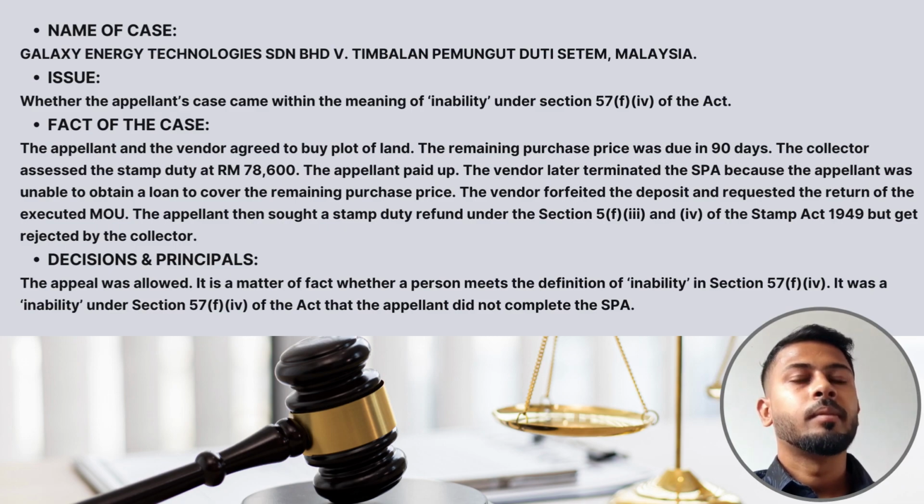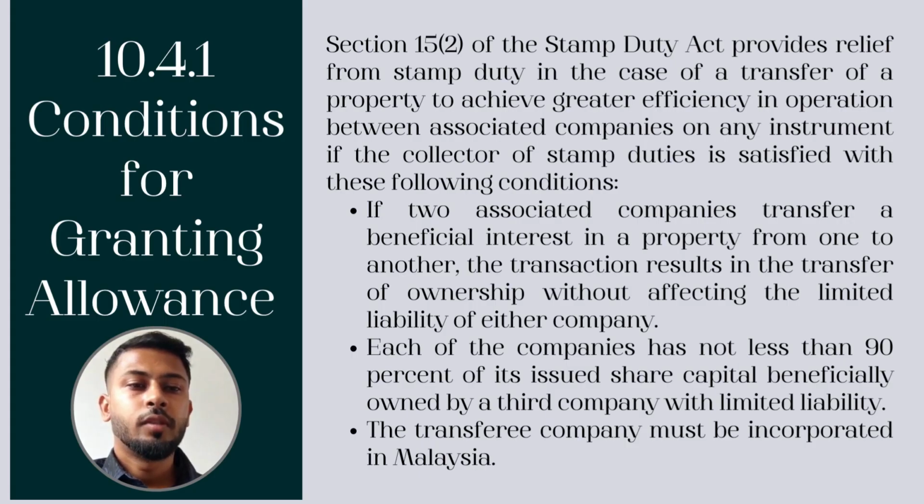In this slide, there are certain conditions for granting allowance under Section 15, subsection 2 of the Stamp Duty Act, which provides relief from stamp duty in the case of a transfer of property to achieve greater efficiency in operation between associate companies, on any instrument, if the collector of stamp duties is satisfied with the following conditions.